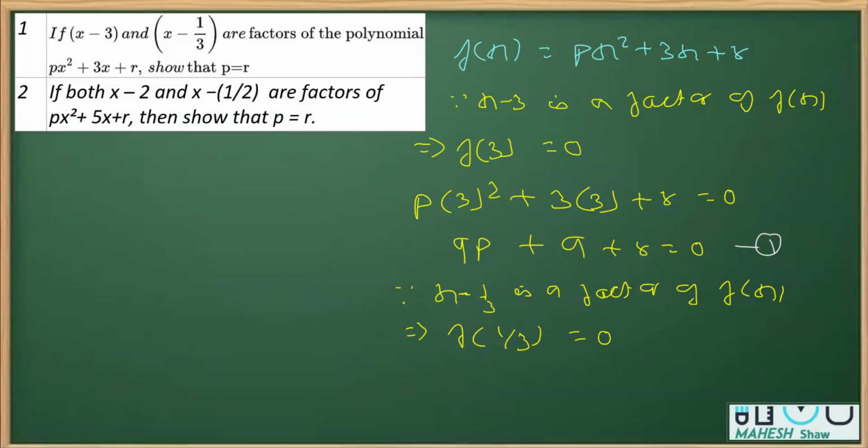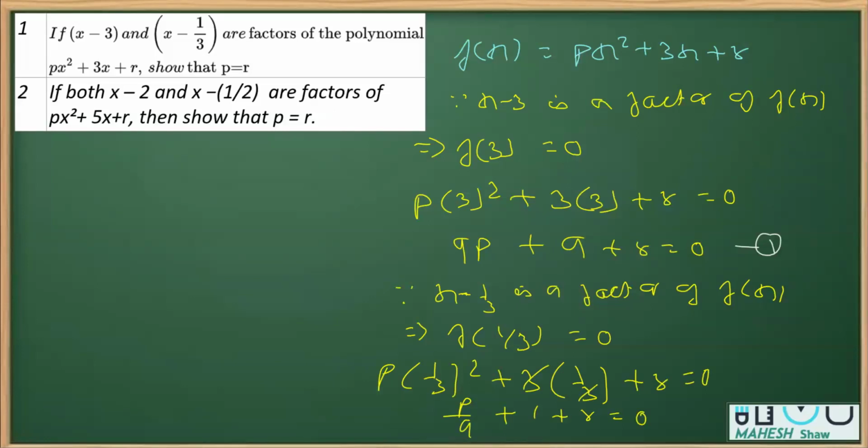So we get p times 1 over 3 square plus 3 times 1 over 3 plus r is equal to 0. 1 by 3 square is 1 by 9, so that is p over 9. And here 3 and 3 get cancelled, so we'll get 1 plus r is equal to 0. I mark this as equation 2.